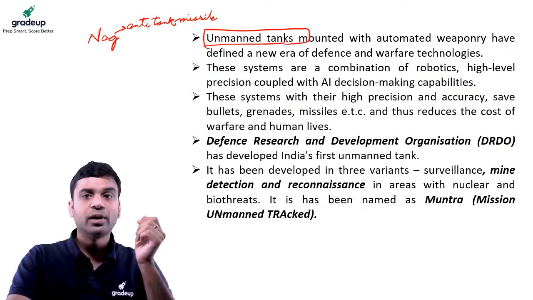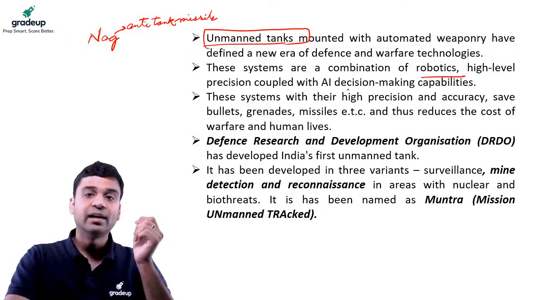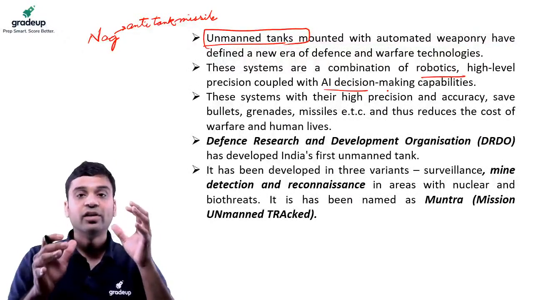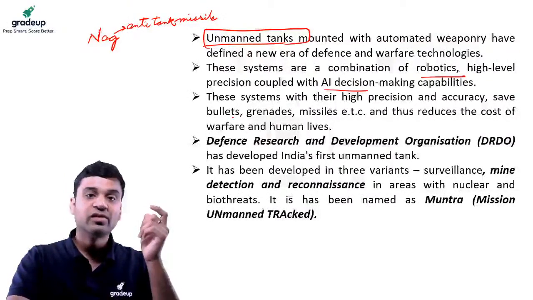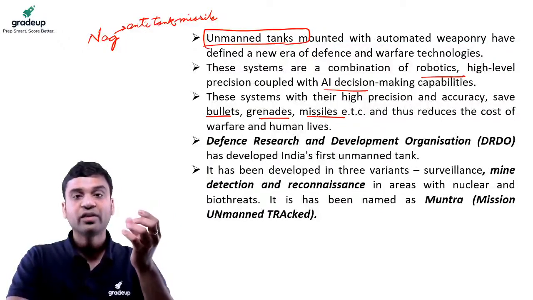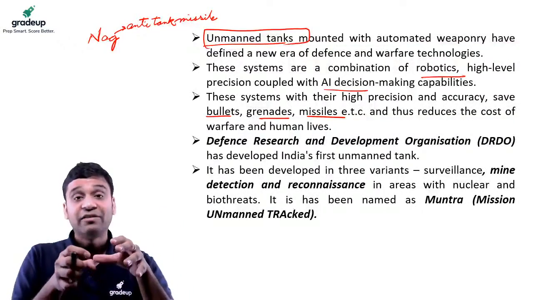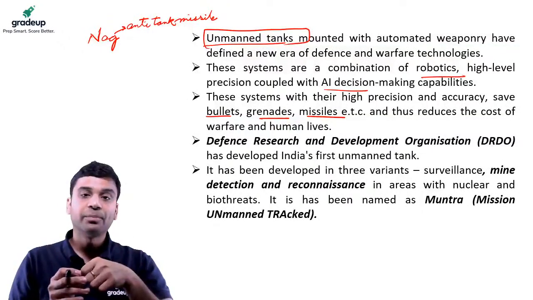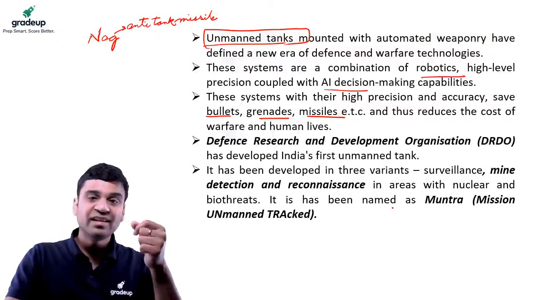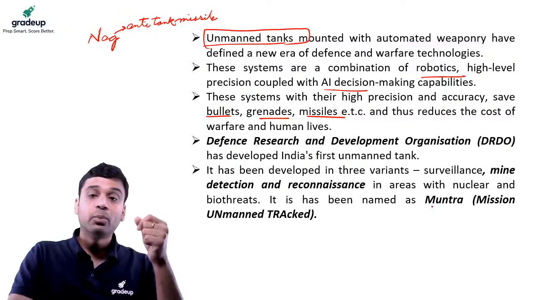Okay, by using robotics, high-level AI, precision technologies, we can save the bullets, grenades, missiles, and so on. Okay, so we can reduce the cost of warfare, and we will also be able to reduce the effect on human lives. And this is important because recently the DRDO has developed Muntra.